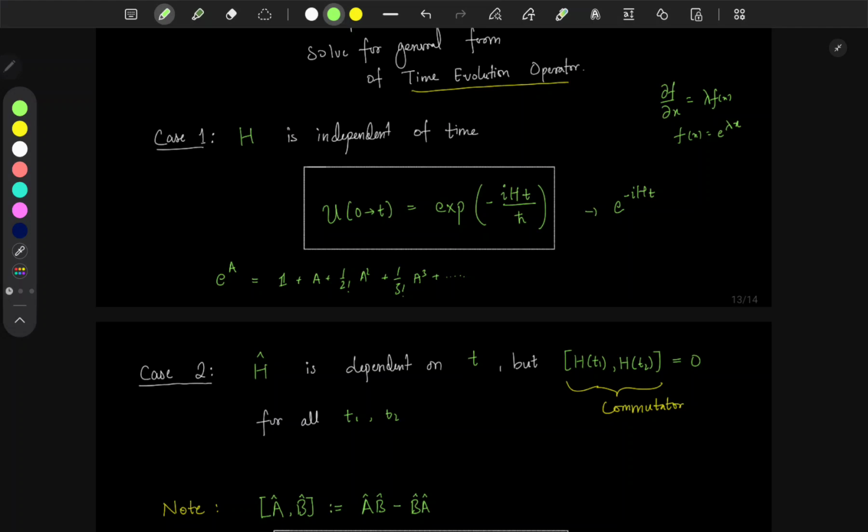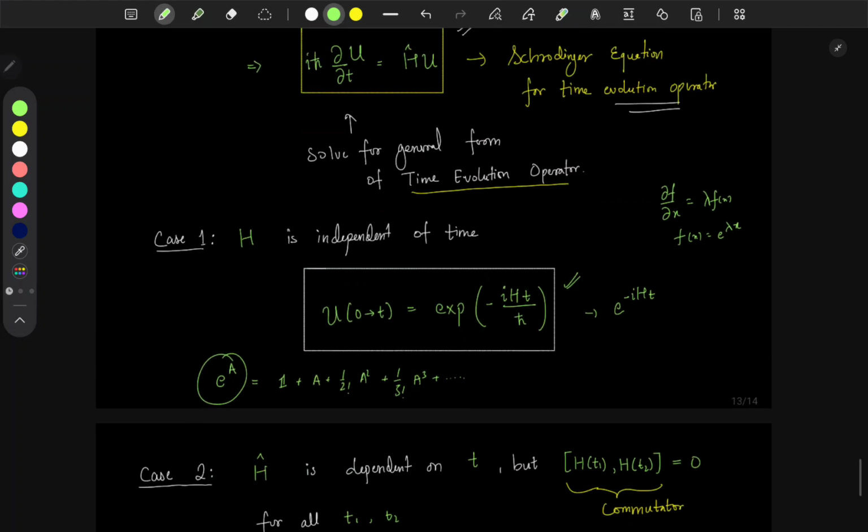So this is how you define the exponential of an operator, just this infinite series. And this is the solution for the Schrodinger equation when the Hamiltonian is time independent.